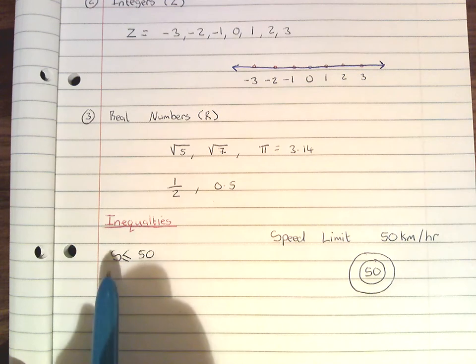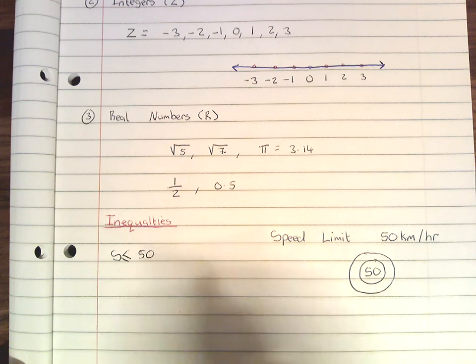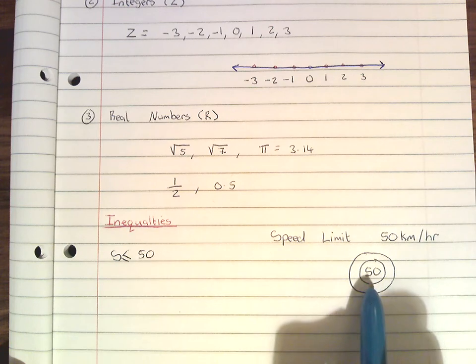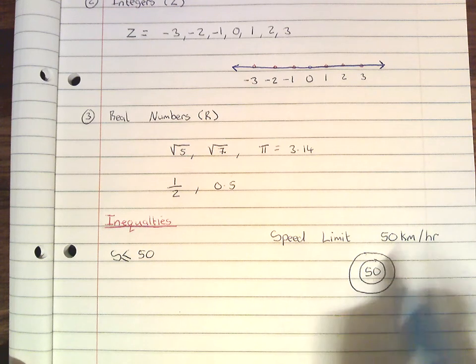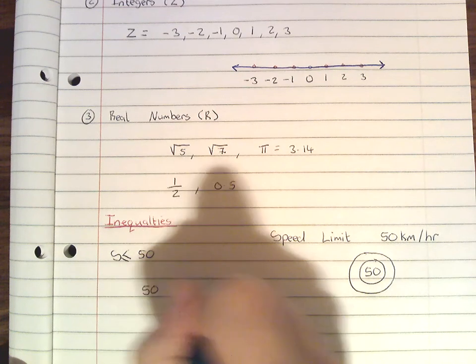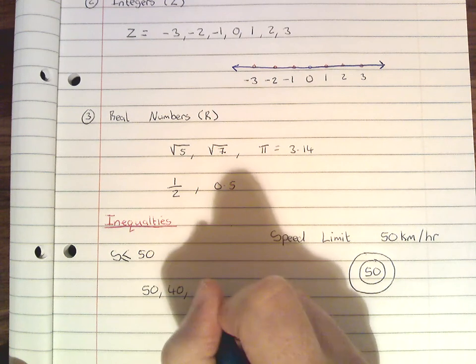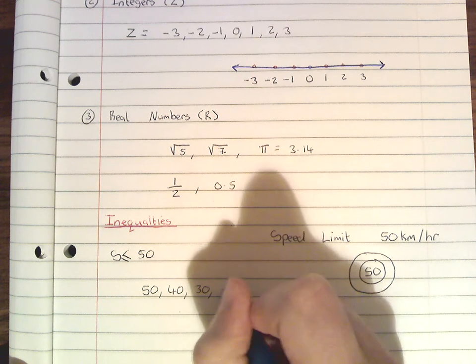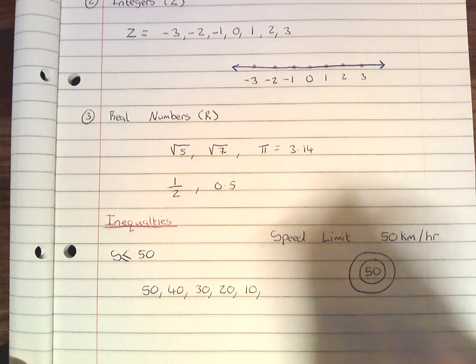So what this means is this sign, this less than or equal to 50, means that the car can drive a maximum of up to 50. It can be equal to 50 or anywhere below 50. So for example, the car could go 50 kilometers per hour, it could go 40, 30, 20, or 10 kilometers per hour.